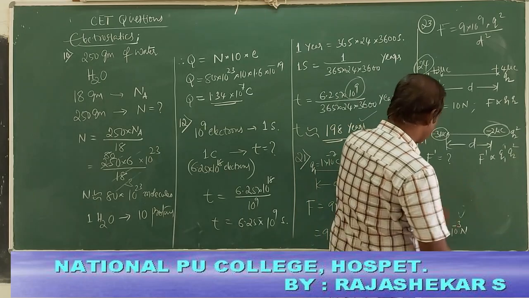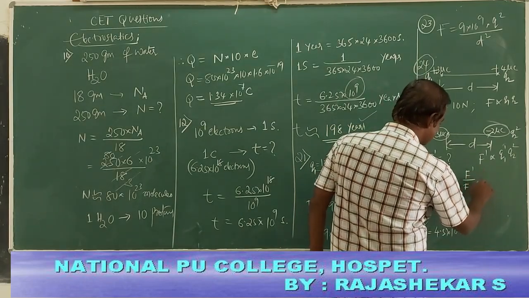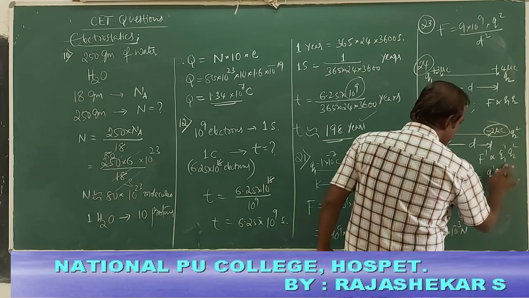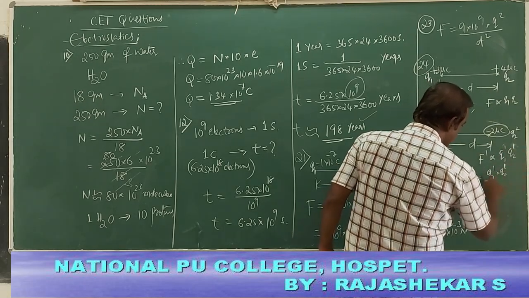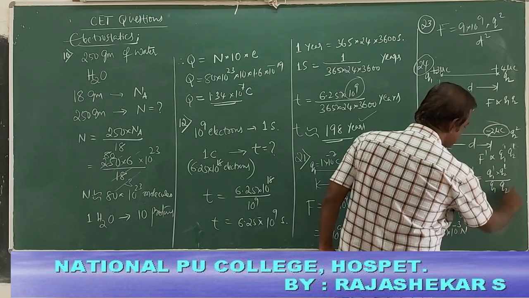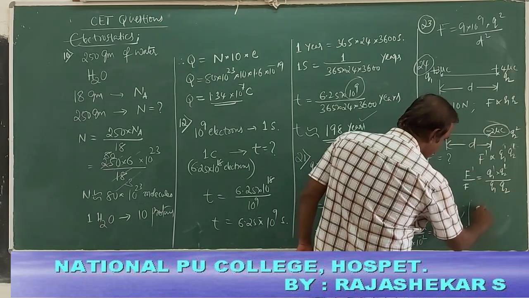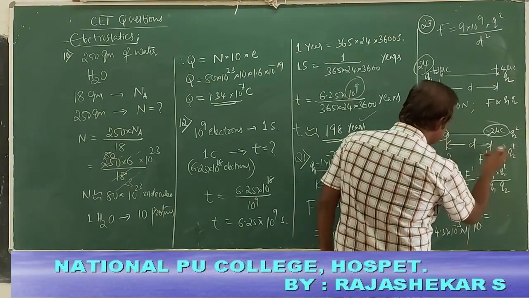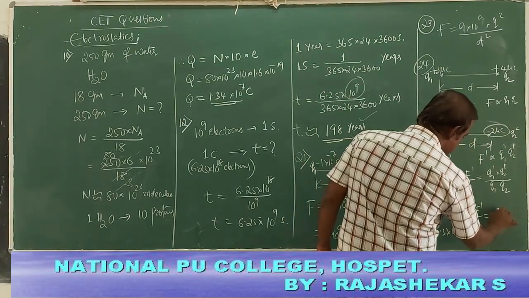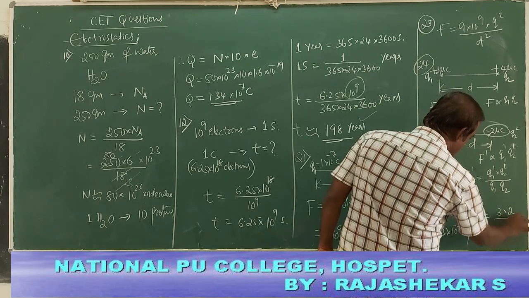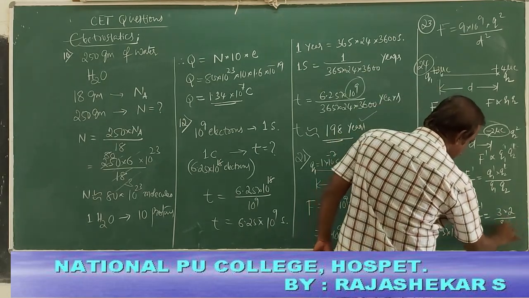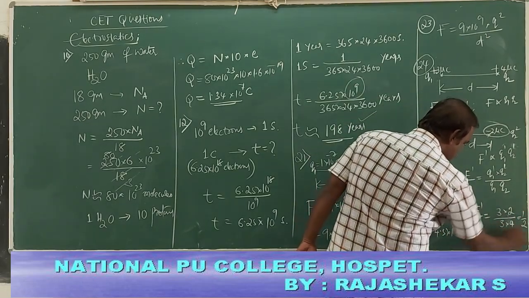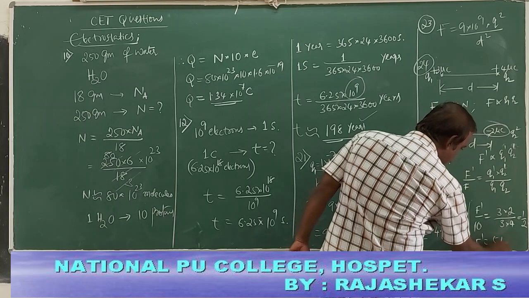So straight away you can write F dash by F is equal to Q1 dash into Q2 dash divided by Q1 Q2. F dash divided by 10 is equal to, taking magnitude, 3 into 2 microcoulomb over 3 into 4. This becomes 1 by 2. So F dash becomes 5 Newton.